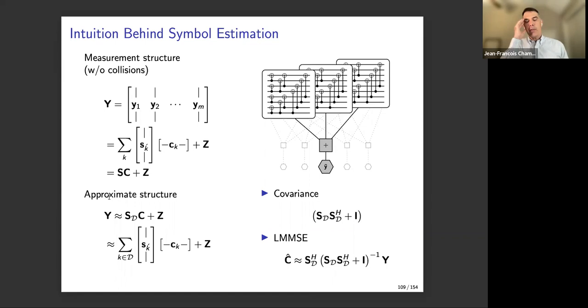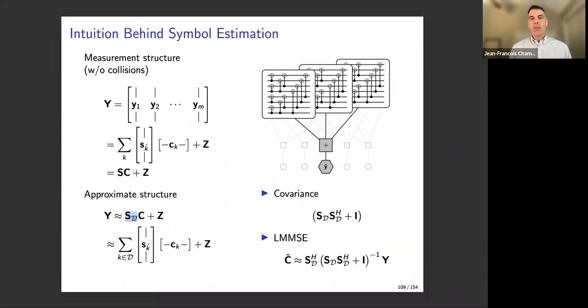Remember that the first step was an energy detector that guesses which sequences are active. So now, instead of having the true matrix S of active sequences, I have an estimate of S in active sequences. It's important that I design my system in a reasonable way so that I have a reliable S_D approximation, or that most of the active sequences are in S_D.